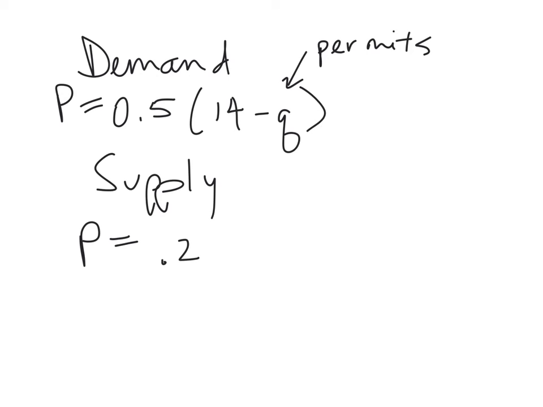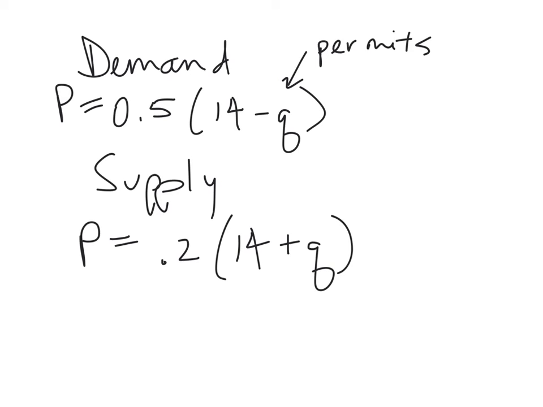So if firm 1 has to clean up 14 because it has only 6 permits to start with, every permit that it releases for sale is going to cost it 0.2 times 14 plus however many permits it's already sold. So the first one would cost 0.2 times 15 to supply, the second one would cost 0.2 times 16 to supply, etc. So here we have the supply and demand.